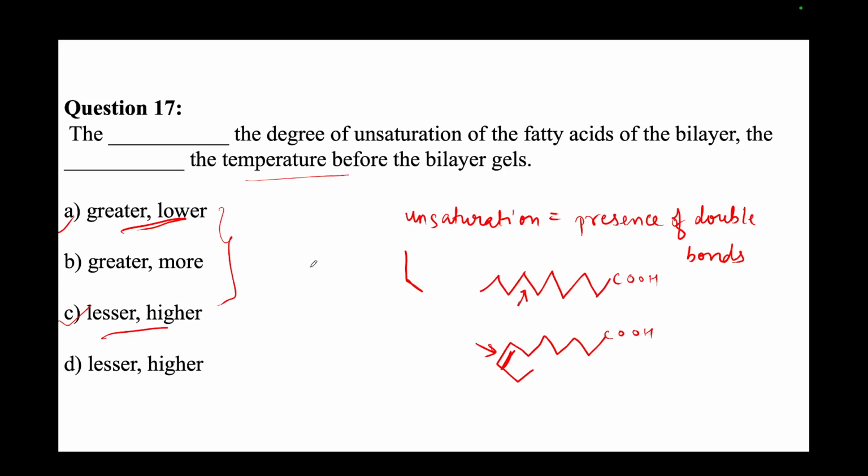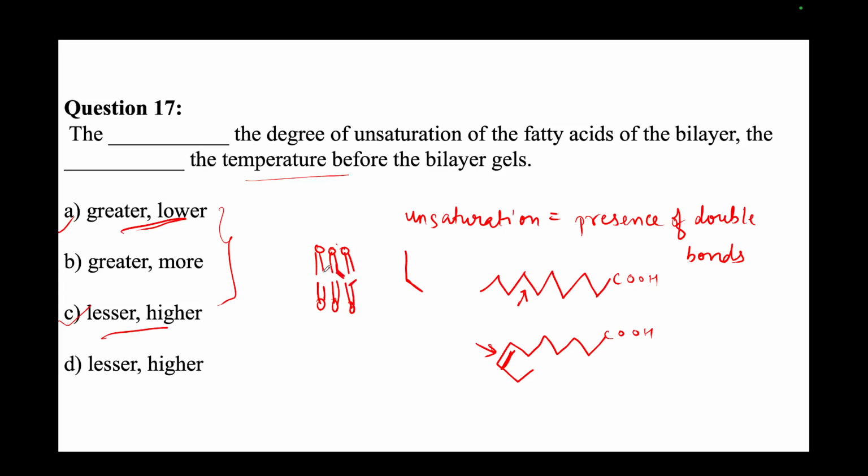So basically I have the membranes, right, lipid bilayer membrane. So if everything is straight alkyl chains, the membrane will be very rigid. Due to introduction of such kinks, there will be some amount of fluidity.